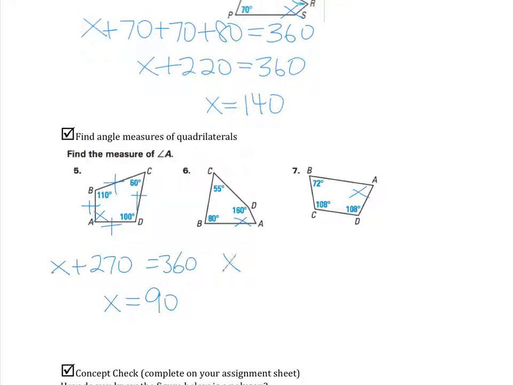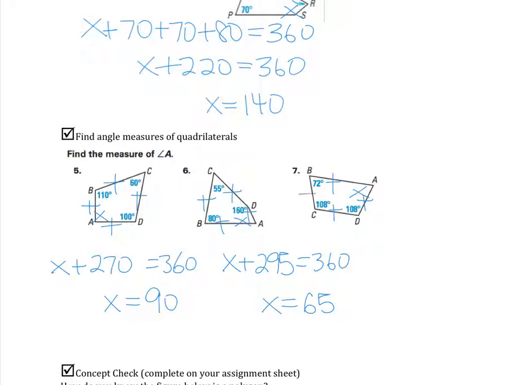And the next one, again, add them all up, must equal 360. When you add those up, 80 plus 55 plus 160, you get 295. Subtract that from 360 and you get 65.